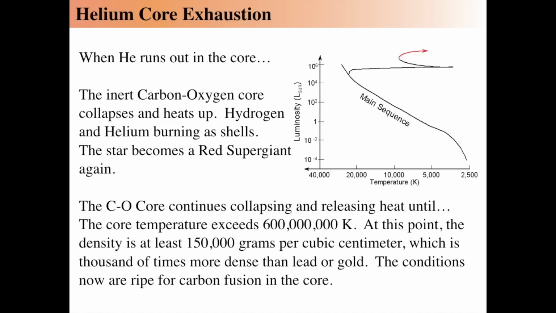Notice how the size of the star is dependent upon what's happening down in the core. When the star grows in size, it grows in luminosity. And it's growing in luminosity because the energy output that must occur is getting very, very high in the core, because there's no new energy source.